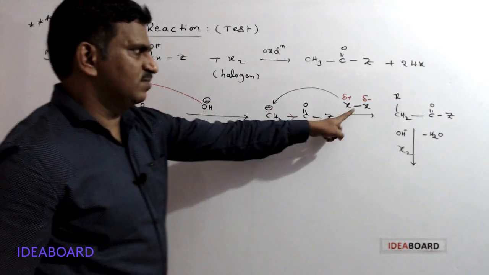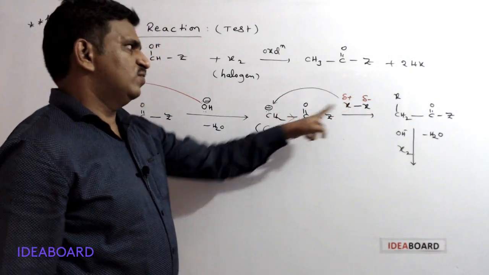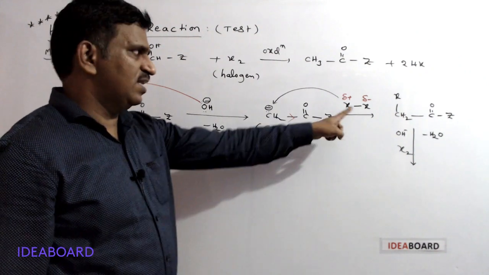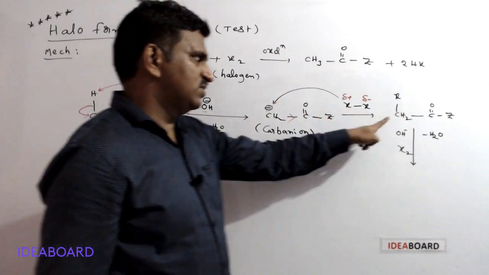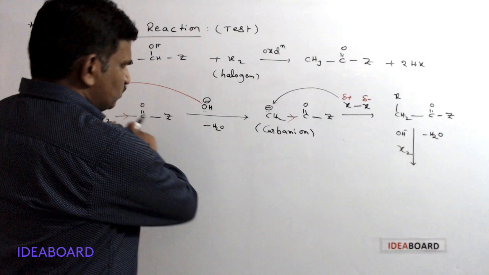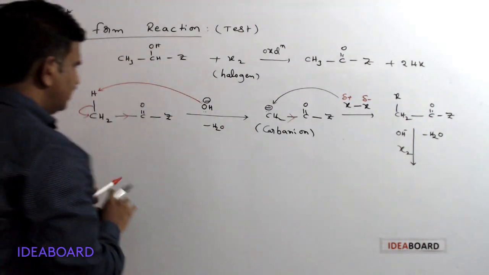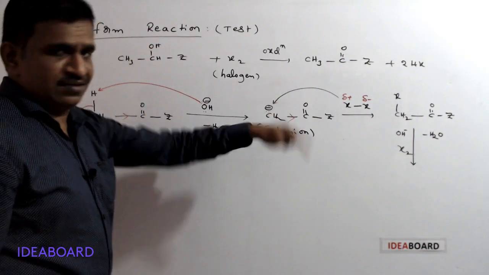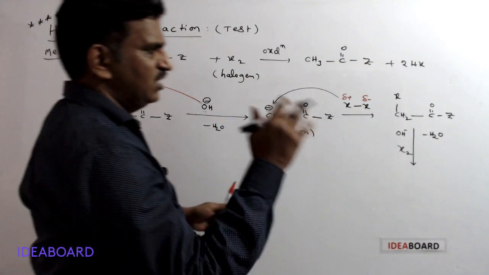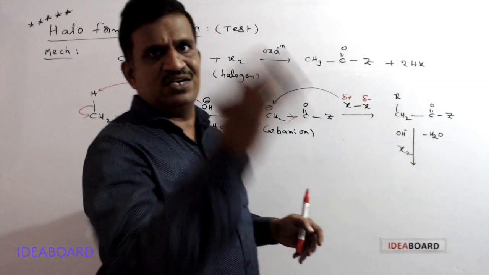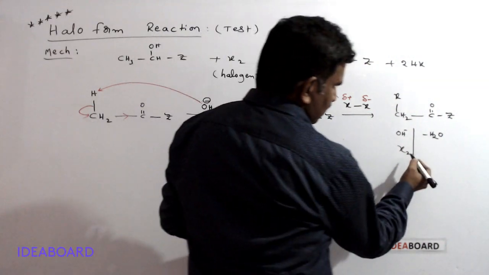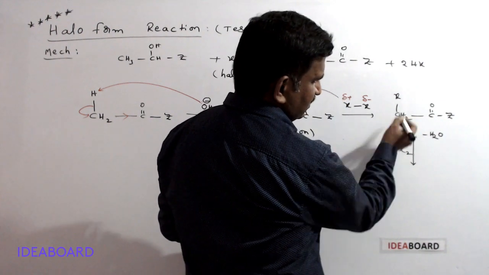In the second step, X and X, one is attacking. One halide ion is attacking and the halogen is added. So this step keeps repeating until all hydrogen atoms are removed. Here one halide ion, one halogen is attacking.